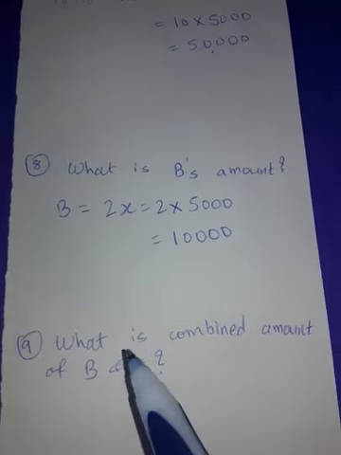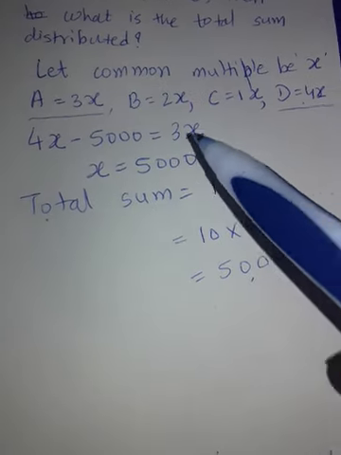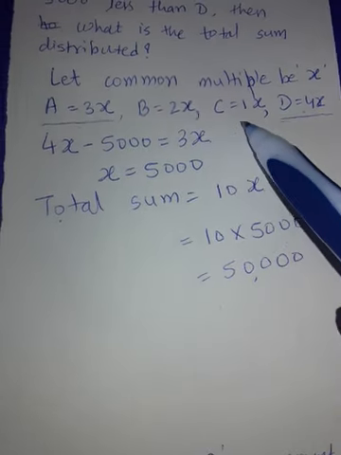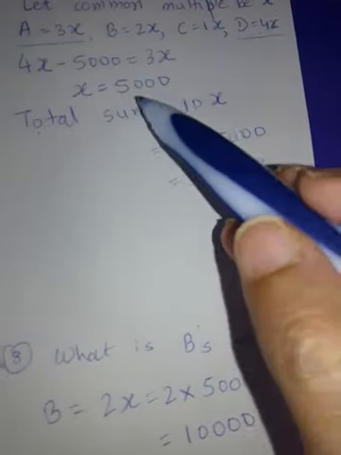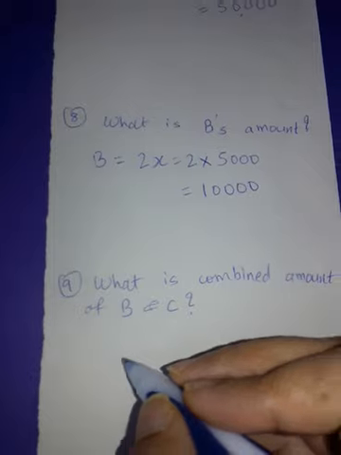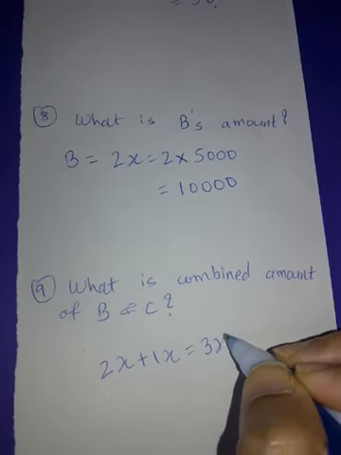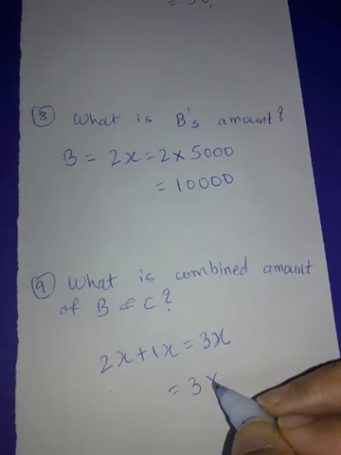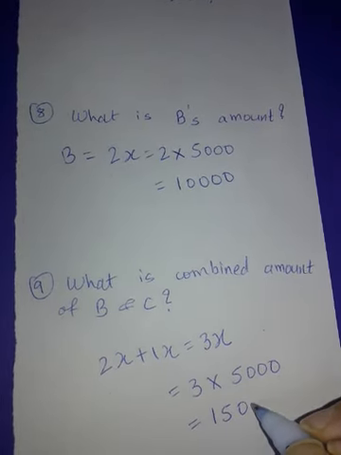Sometimes the question may be, what is the combined amount of B and C? Now combined B and C, 2x plus 1x, that is 3x, and x we already know 5000. So 2x plus 1x, that is 3x, 3 into 5000, that is 15,000.